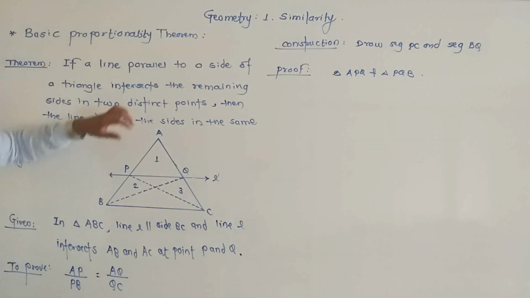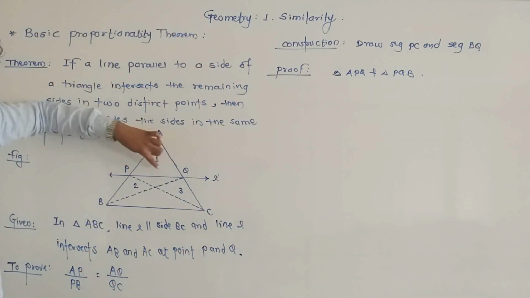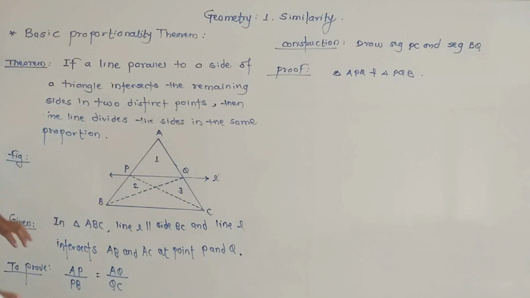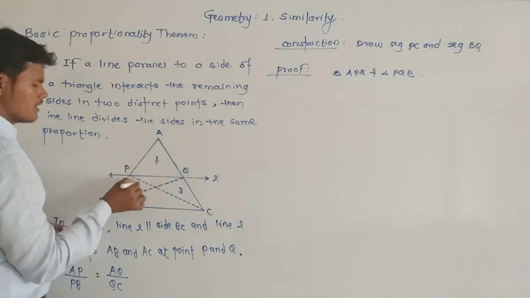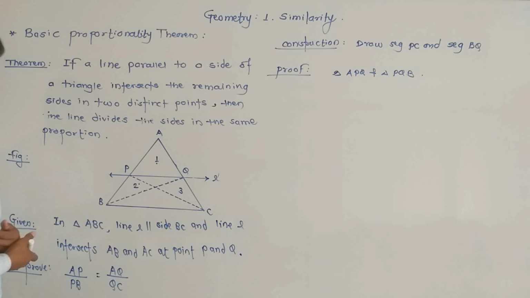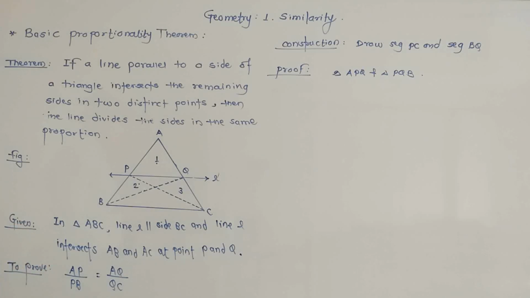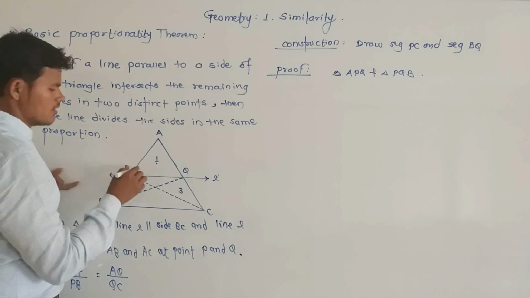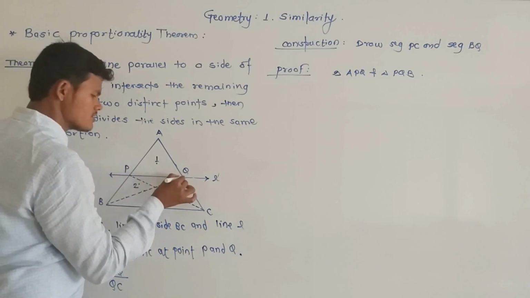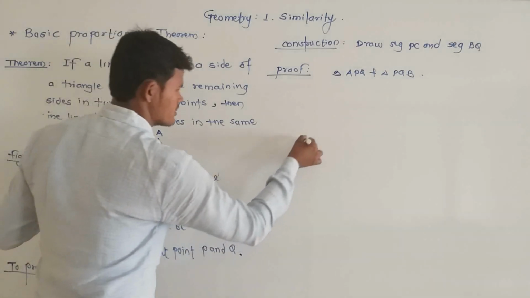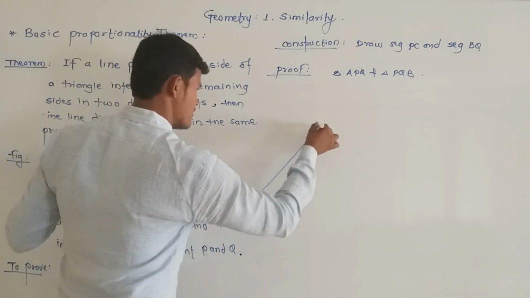Okay. In triangle APQ and in triangle PQB, after seeing both the triangles properly, we remember the last case of our property. Here for both the triangles there is no common height and base. That means both the triangles share one common vertex. For example, the figure is like that.